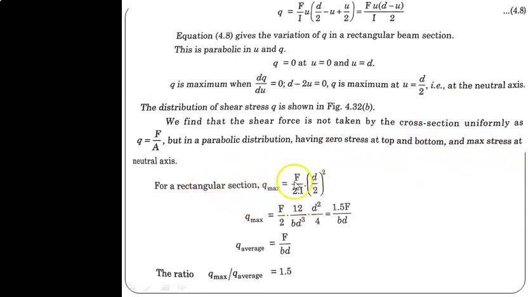So we just substitute all these in this rectangular section, because u becomes d by 2, and therefore q max becomes 1.5 F by b d. In this equation u becomes d by 2, and therefore it becomes F divided by 2 into I, into d minus d by 2.